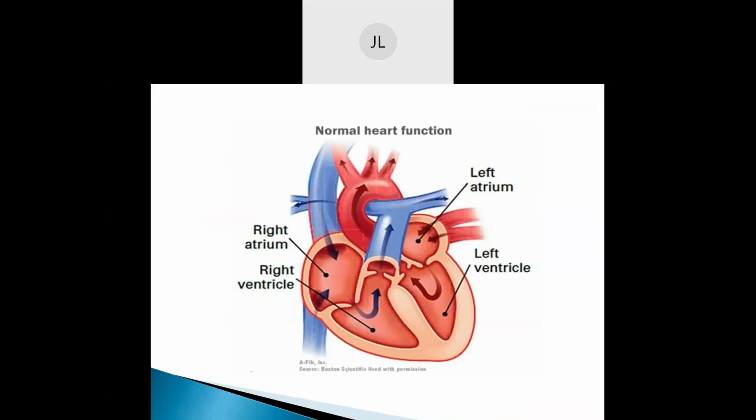It has four chambers: left atrium, left ventricle, right atrium, and right ventricle.